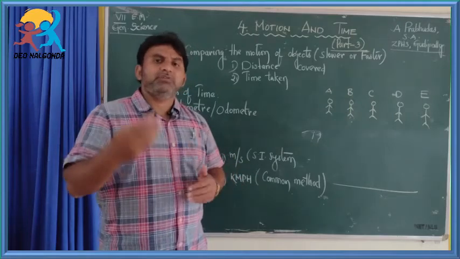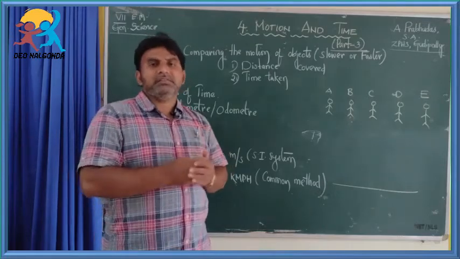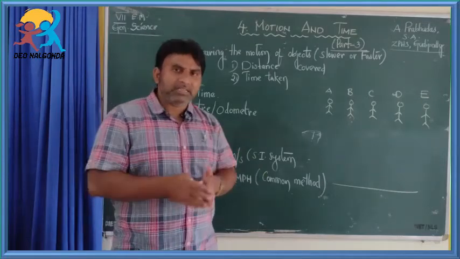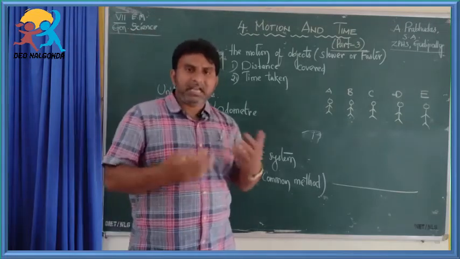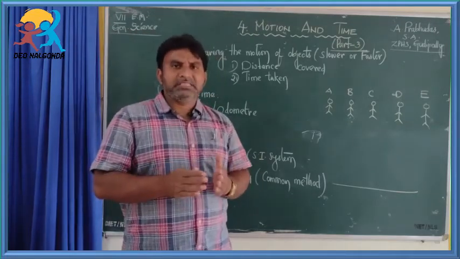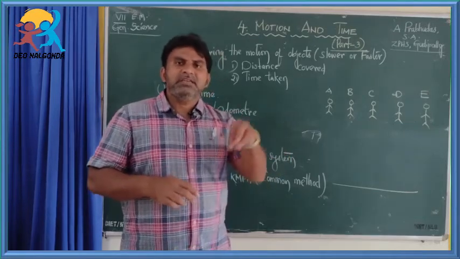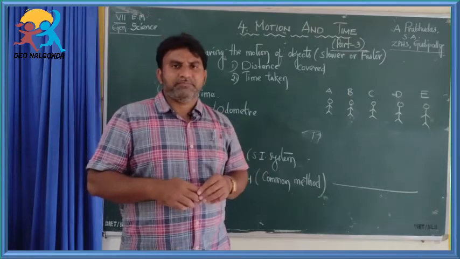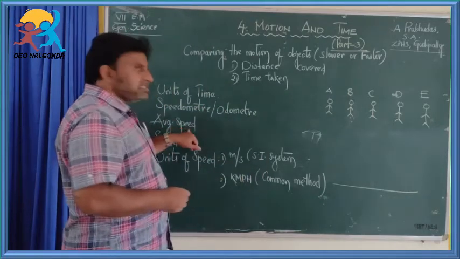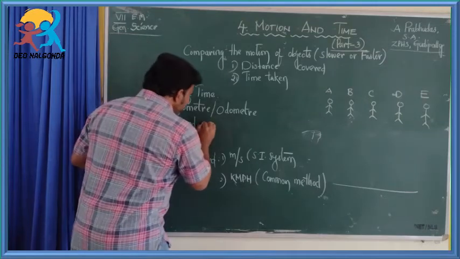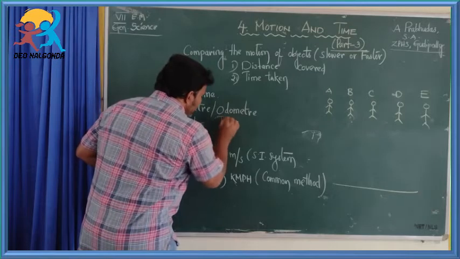Then the question is, how do we calculate the speed of the vehicle? For that we need average speed. Average speed is nothing but total distance travelled by the vehicle by the total time taken by it.